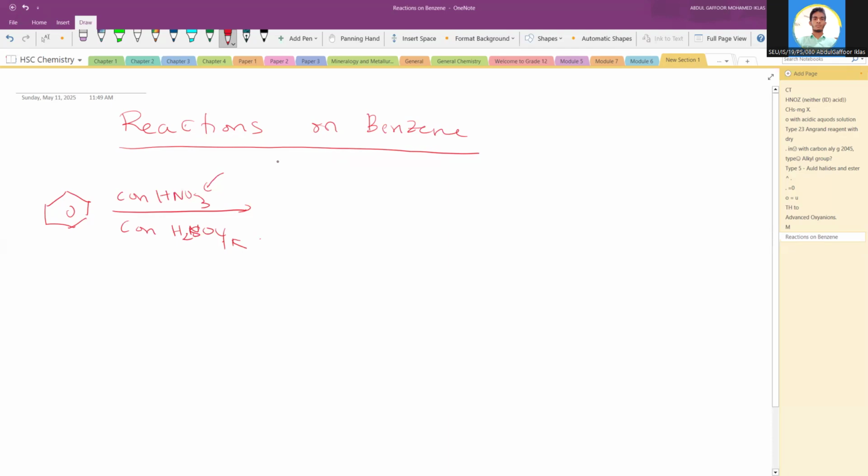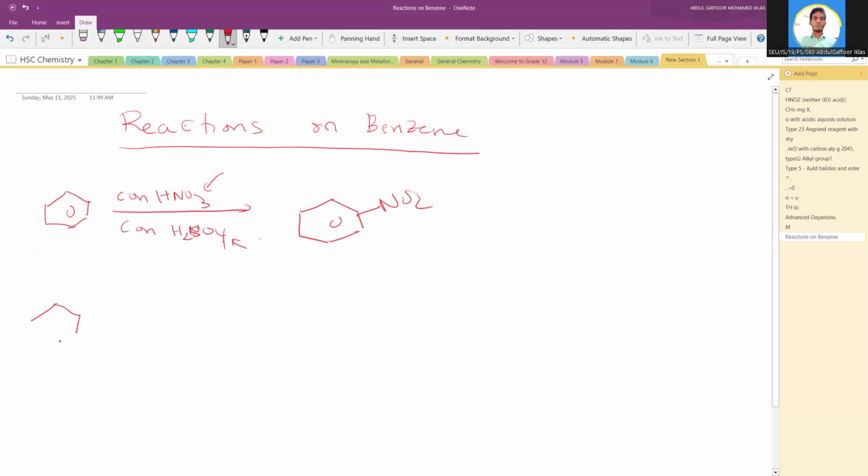Here the thing that starts the reaction is the electrophile. The electrophile is NO2 plus. If you put benzene, concentrated HNO3 and concentrated H2SO4, the electrophile NO2 plus will come and join on any carbon of the benzene, right?